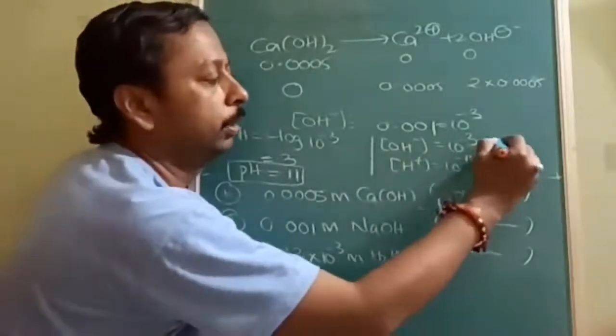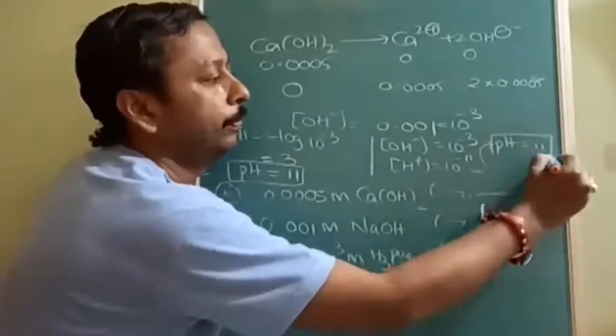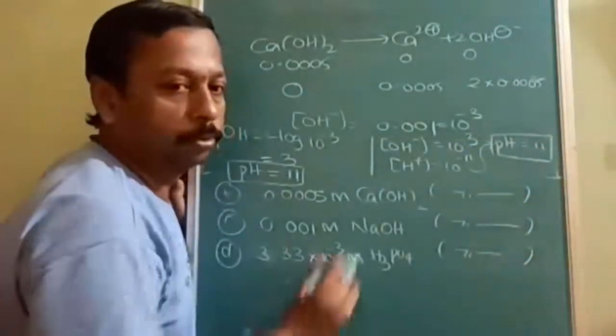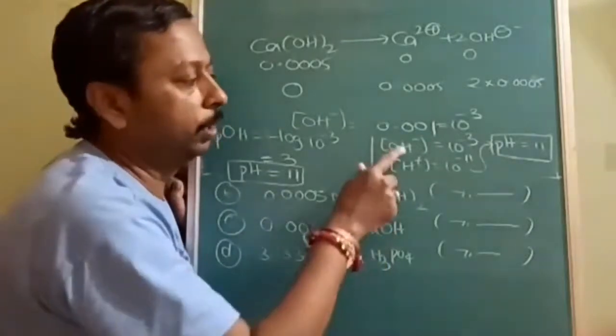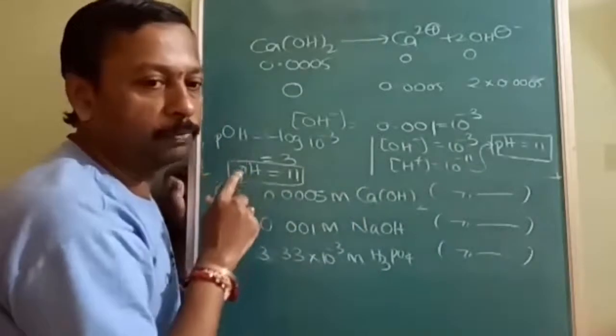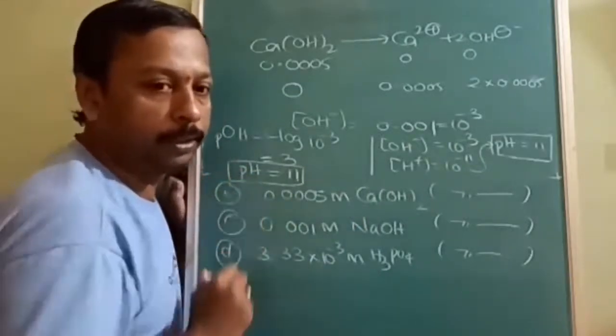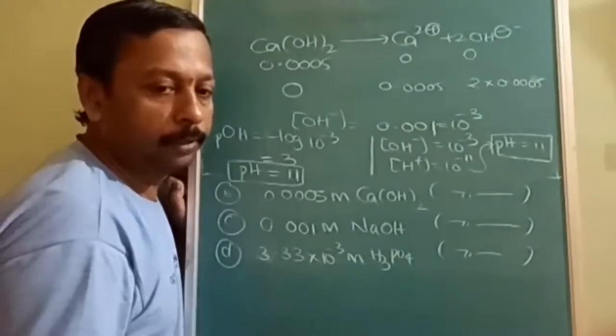So pH is going to be 12. Both methods, whichever method you are comfortable with, you can use. From OH you find H plus, then pH. Otherwise, first find pOH, then find pH. Is it understood? So note down this, then you can solve.